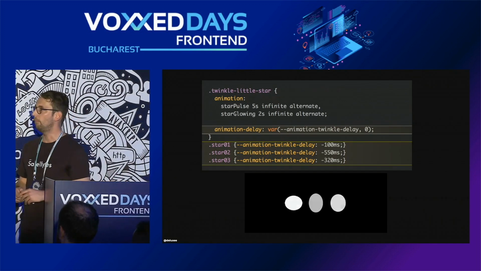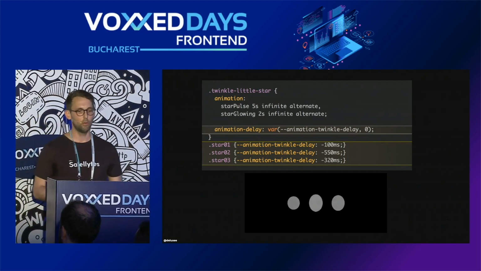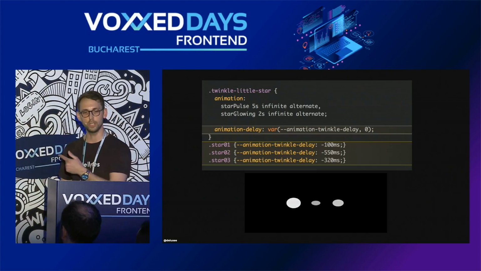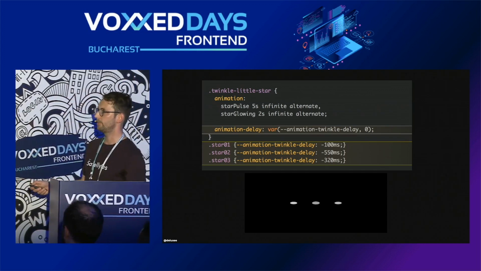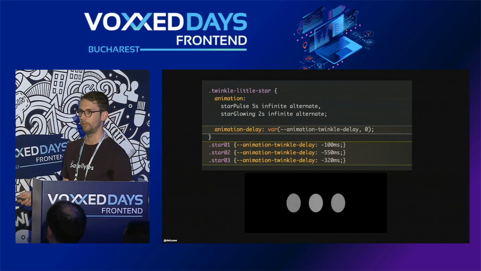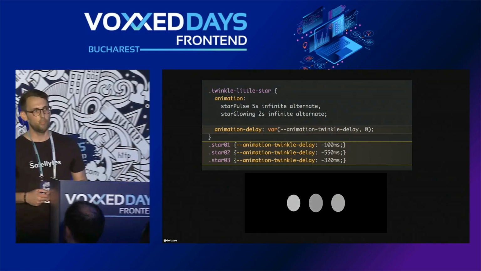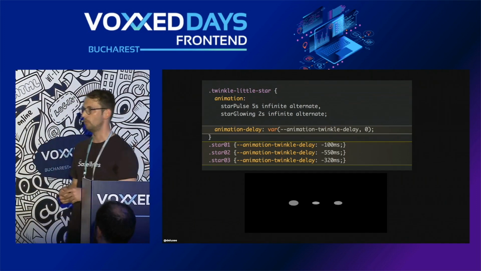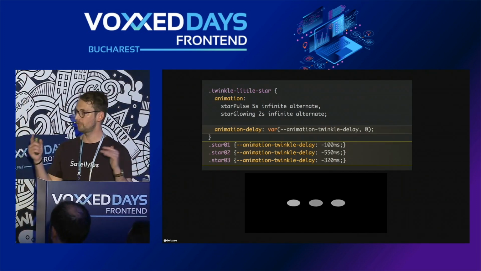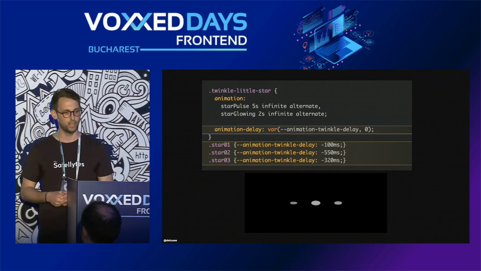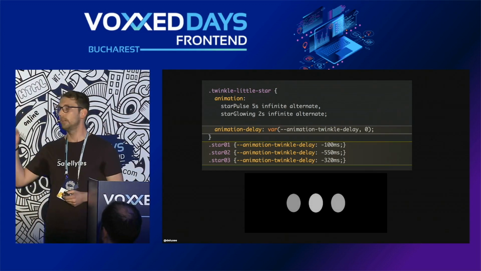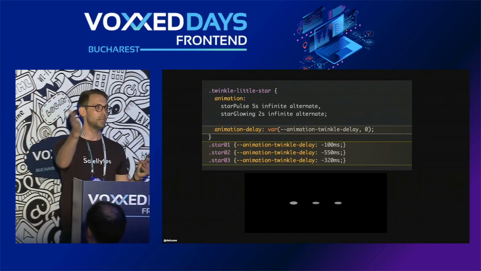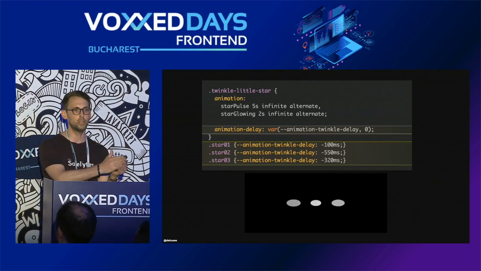But we can apply different values to our individual stars through CSS. The applied animation offsets here, maybe you have seen it, are negative. Maybe some of you know it, maybe some of you not. I didn't know that before researching for this presentation: when the animation delay is negative, it starts in the middle of the animation and starts immediately.